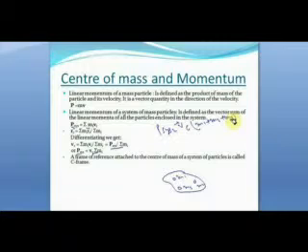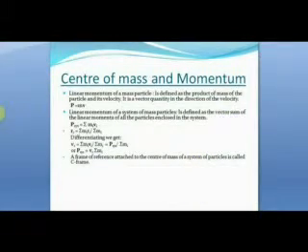So if we know the velocity of the center of mass, then we can predict the linear momentum of the system even if we don't know the individual velocity vectors, that is v1, v2 and v3. Even if we don't know the values of v1, v2 and v3, but we know the value of Vc, that is velocity of center of mass, then we can find the linear momentum from this equation.